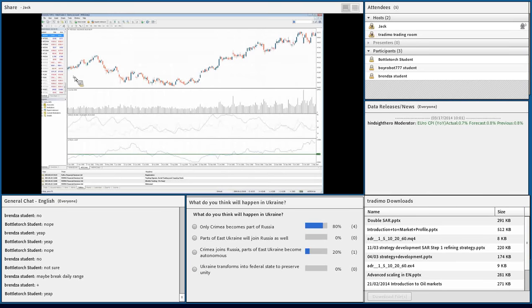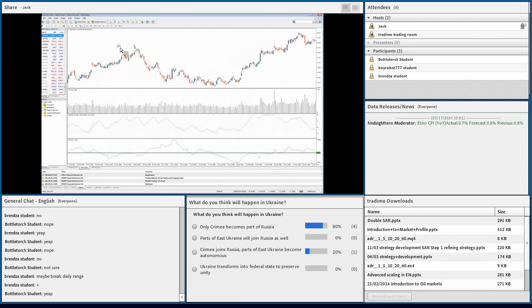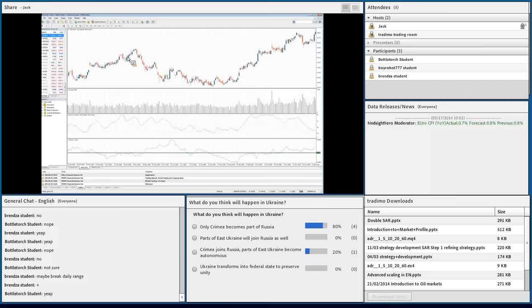Now, what sort of things, guys, do you think you'd be looking for to help you with that exhaustion gap? So we're on a daily chart, okay? And we find a gap. Let's have a little look for an exhaustion gap. I believe Apple had one. No Apple on here. Let's try Caterpillar.